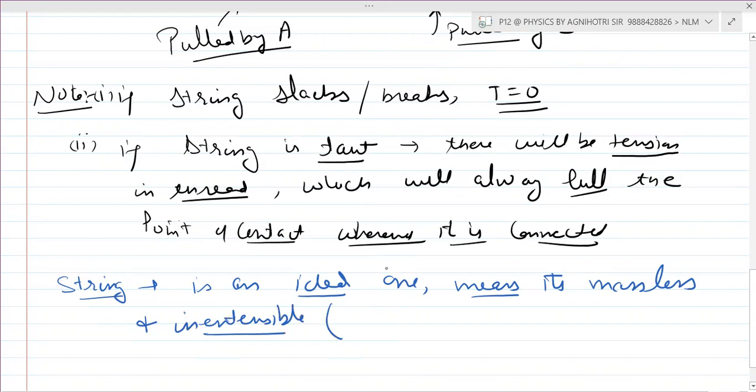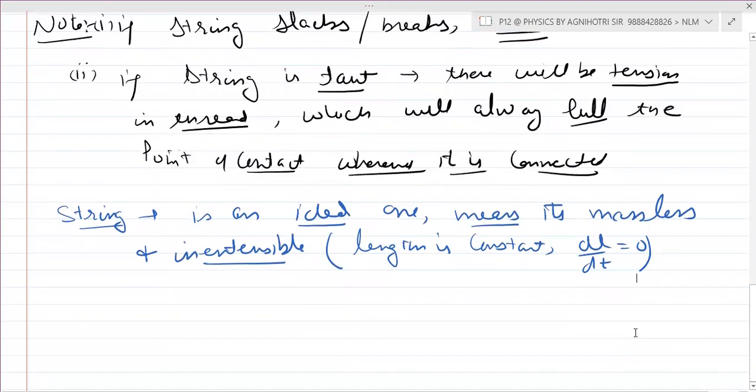Inextensible simply means length is constant. It's a very simple thing to say. The variation of the length with respect to time is what? 0. So this is a string.